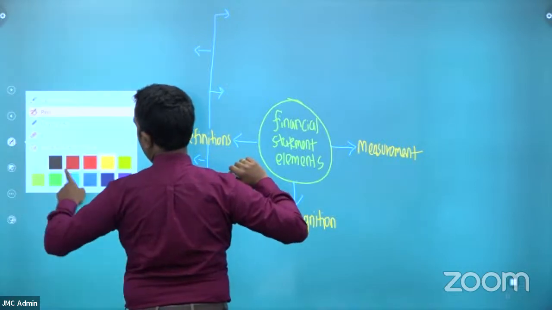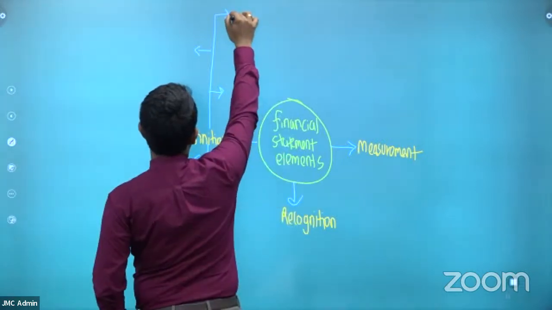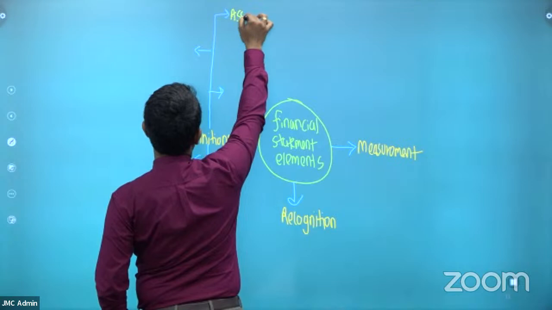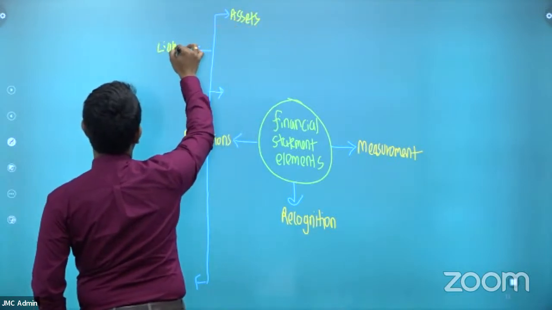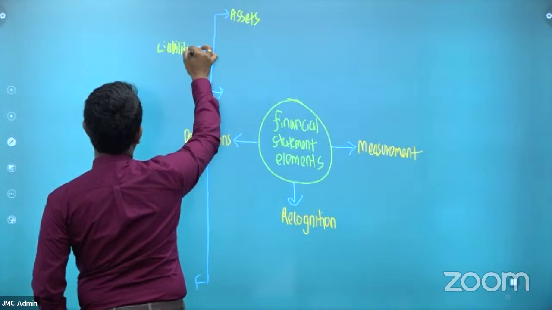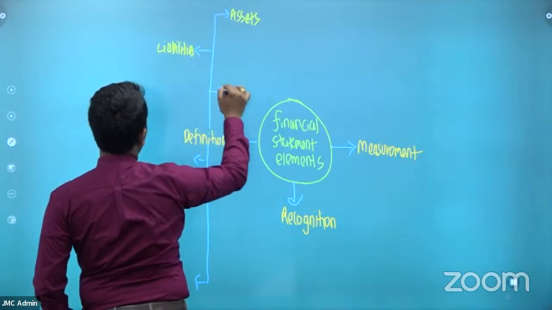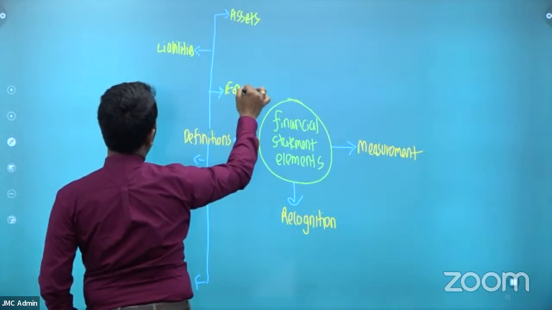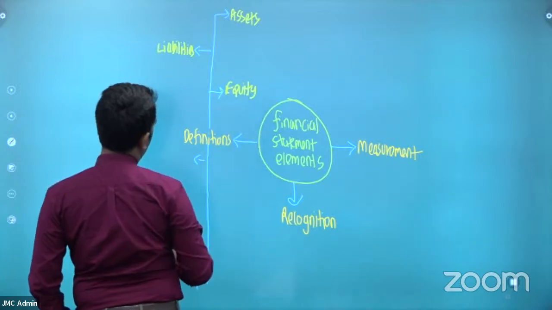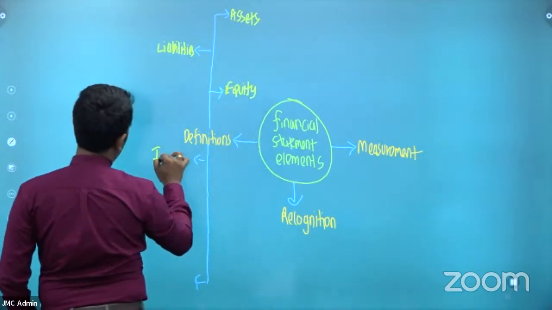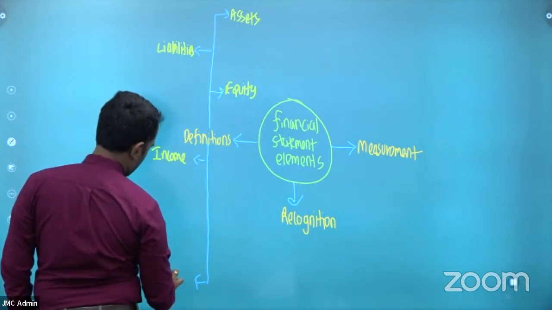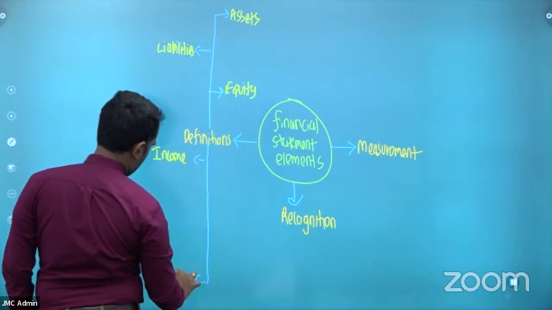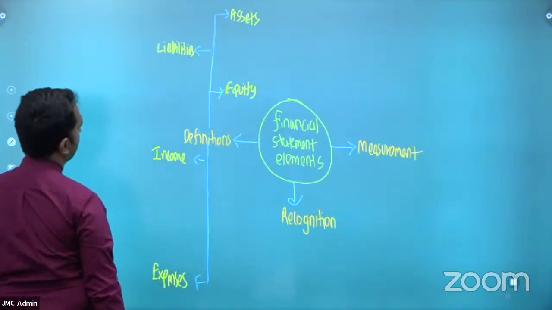So let me put the items. Under the definitions, we've got assets, liabilities, equity, income, and expenses.